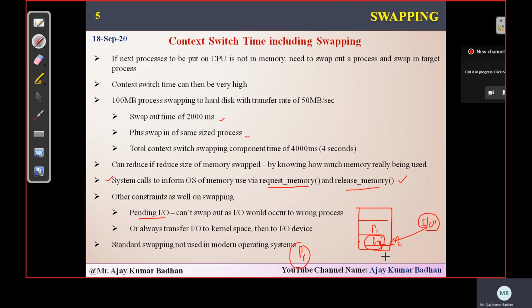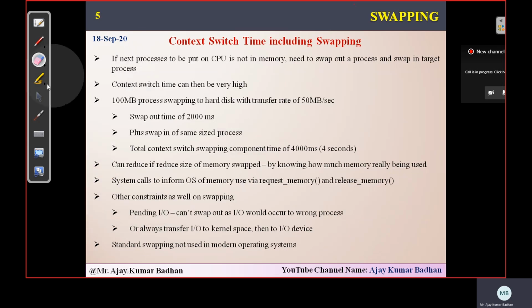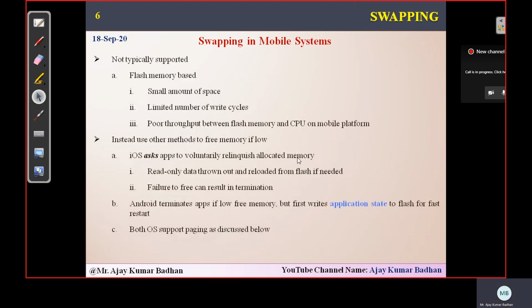Then the conflict comes. P3 will come to know that this is not my address, this is not related to me, and will not accept. Again the conflict comes and the operating system has to overcome this problem. So there the typical scenario exists. So never try to swap a process which is waiting for some I/O operation taking place. Okay, that's all related to this.